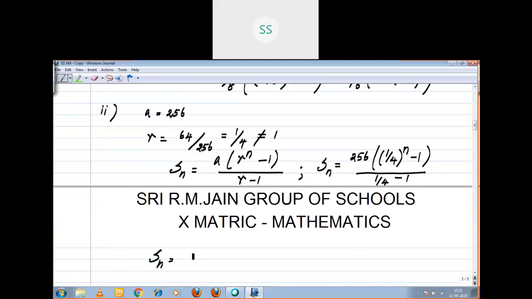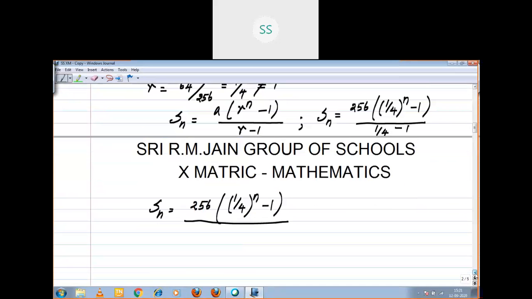Now we are going to simplify. Sn equal to 256 into the bracket 1 by 4 the whole power n minus 1, divided by, taking LCM, minus 3 by 4.